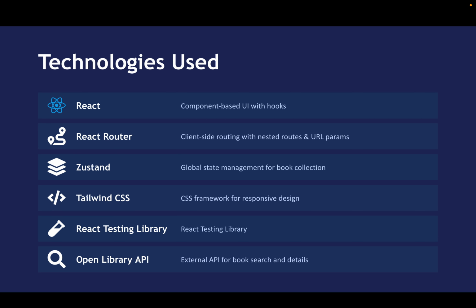For CSS, I use Tailwind CSS to directly embed the styling into the JSX files. For React, I used React Testing Library to test the different components. And for the external API, I used the Open Library API to search for books and get specific information about books we saved.